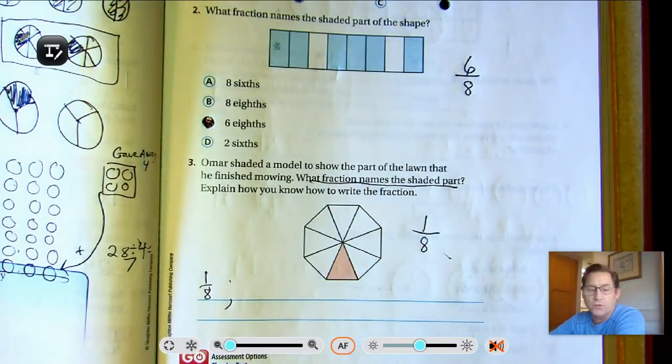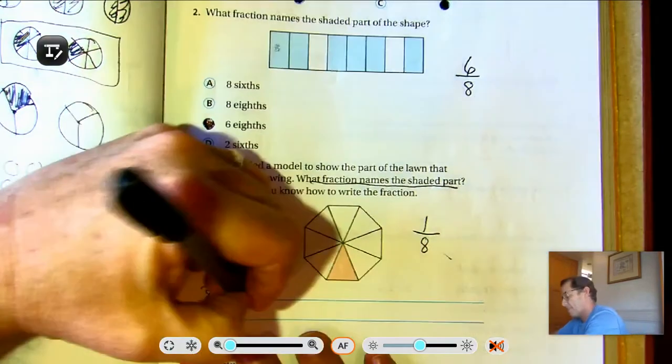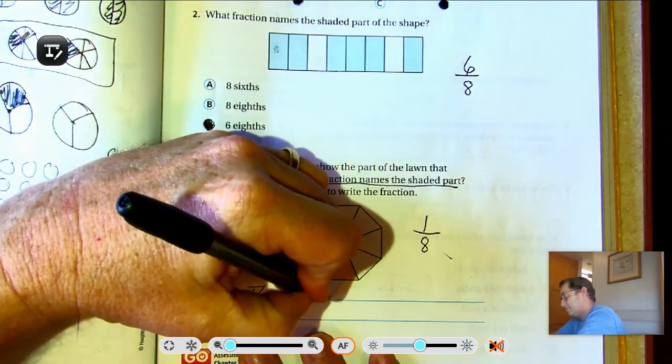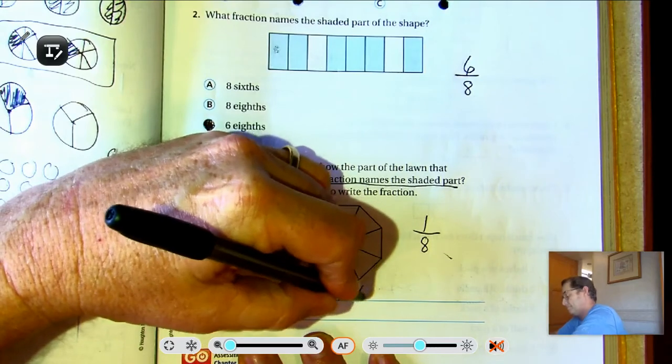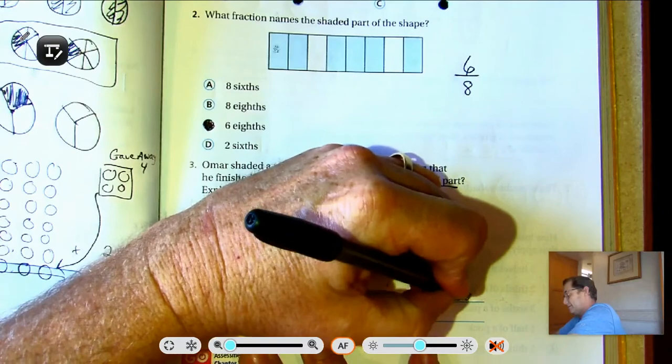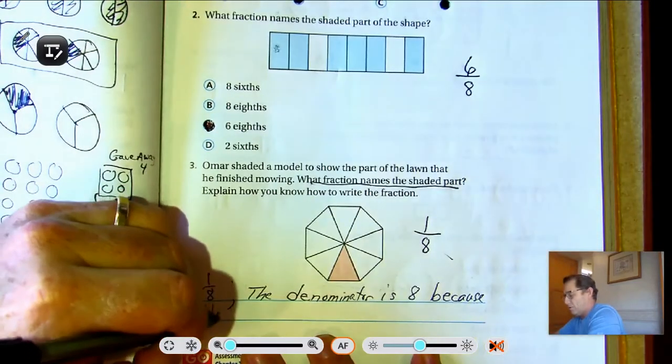Explain how you know to write the fraction. The denominator is 8 because there are 8 equal parts in the whole.